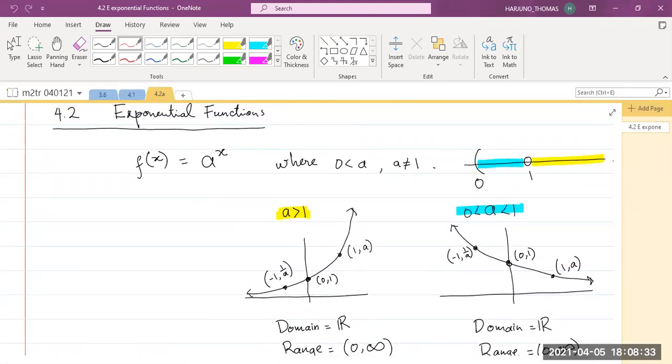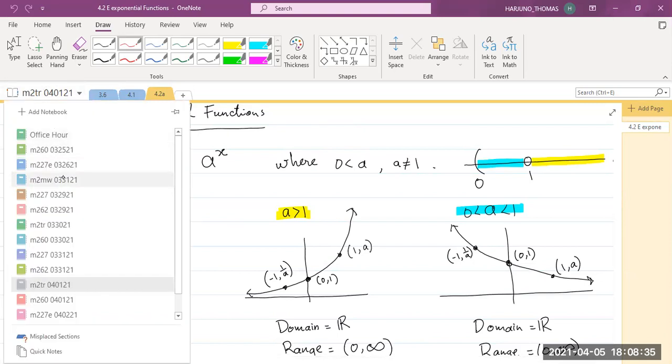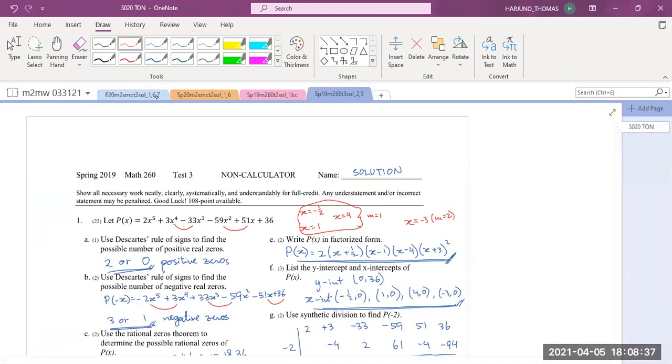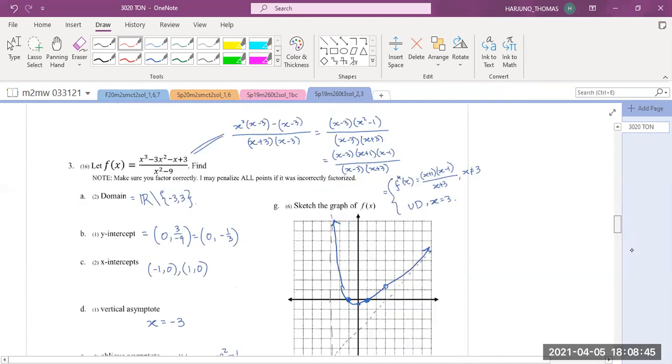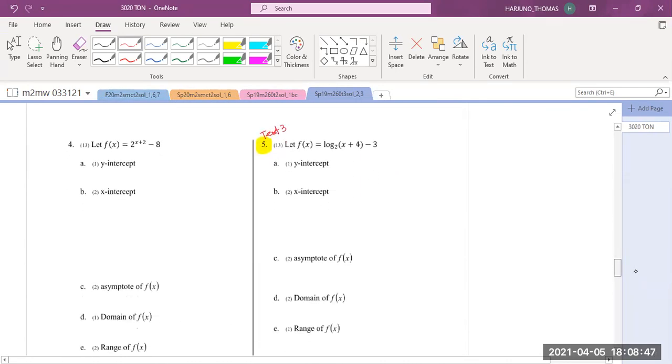In your current test, I believe it's number 7 here. For Spring 19 number 4, I assume you know how to continue from the basic exponential function and then do transformation.